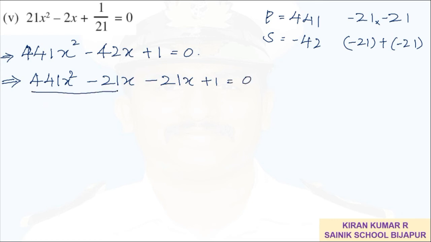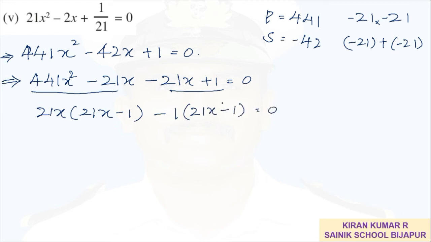In the first group, we have 21x common. We'll be getting 21x minus 1. Minus 1 is common, 21x minus 1 equal to 0. Now, in the next step, 21x minus 1 is common, multiplied to the left out 21x minus 1 equal to 0.